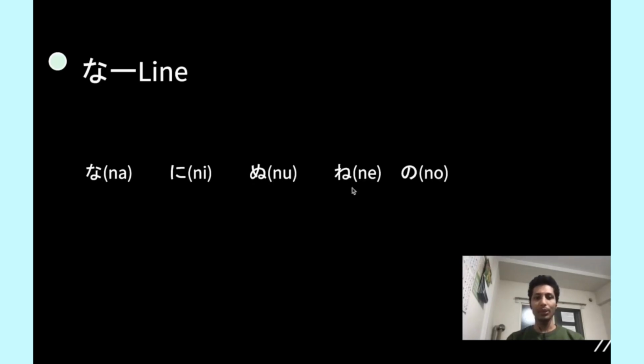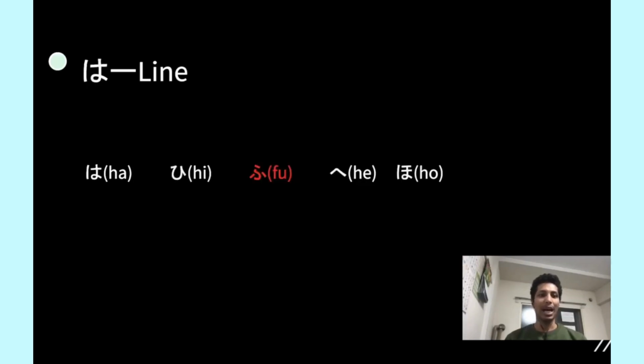Na, ni, nu, ne, no. This is not a song, but you can remember it like a song: na ni nu ne no, ka ki ku ke ko, sa shi su se so. We will teach you later the shortcuts to remember these characters, but right now let us focus on the characters of each line one by one.